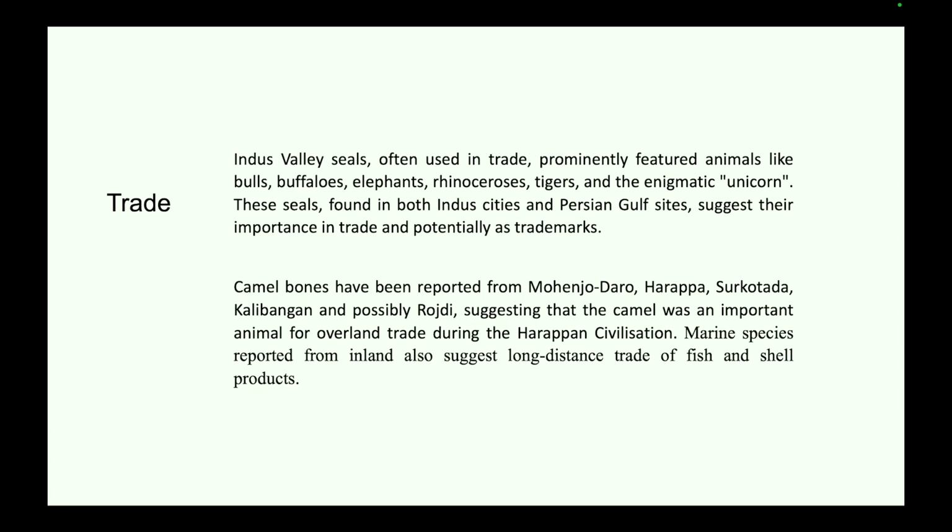Camel bones have been reported from Mohenjo-daro, Harappa, Surkotada, Kalibangan, and possibly Rojdi, suggesting that the camel was an important animal for overland trade during the Harappan civilization. Marine species reported from inland also suggest long distance trade of fish and shell products.